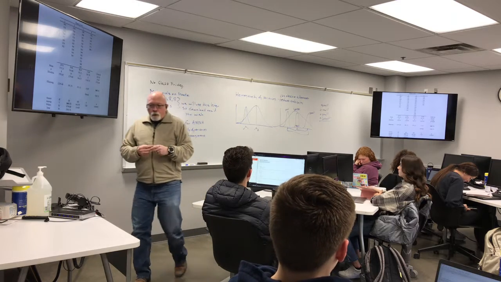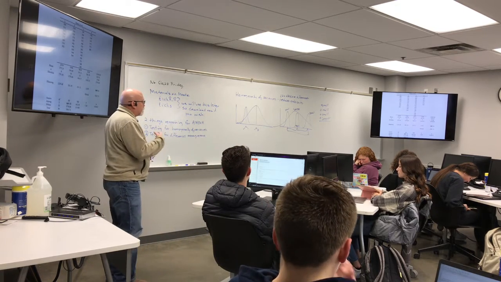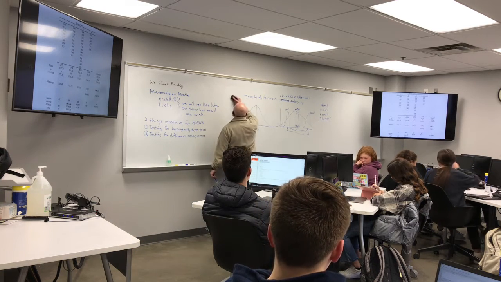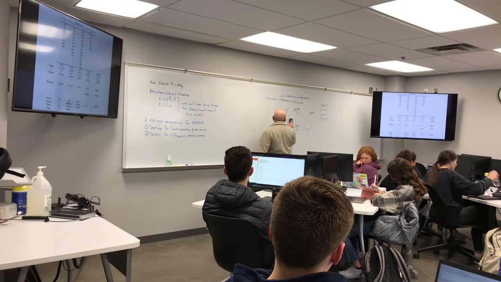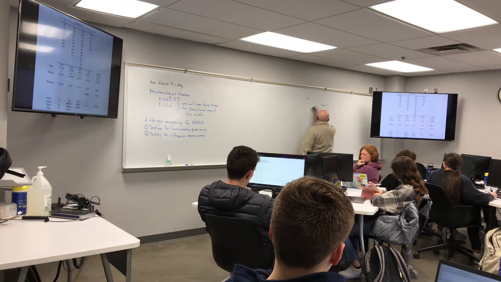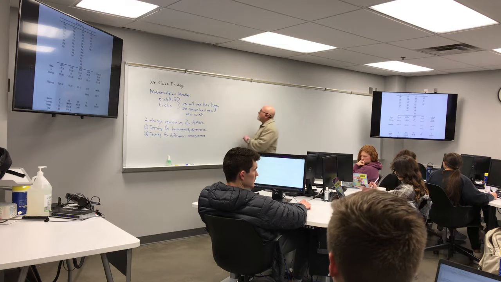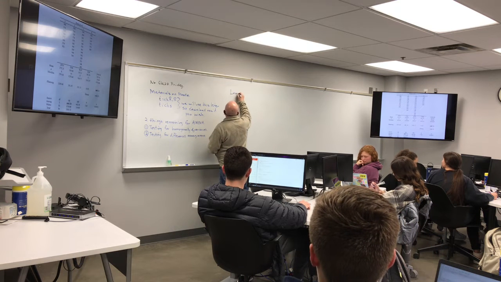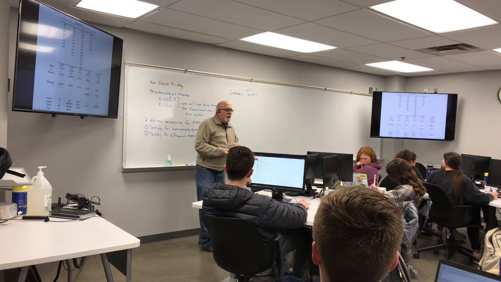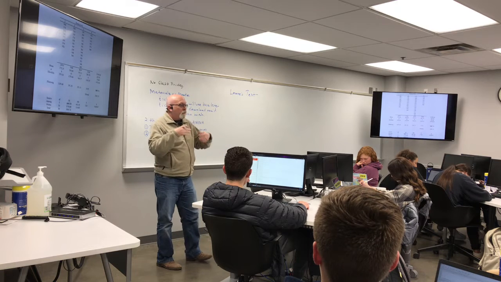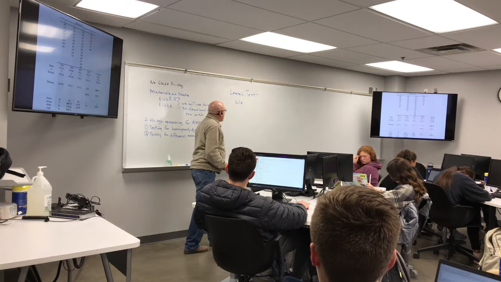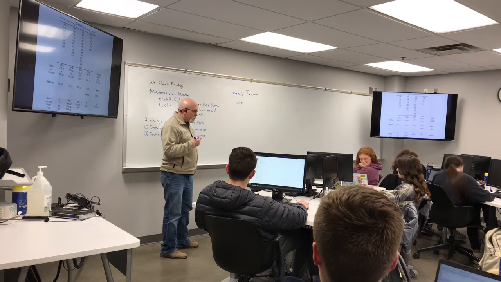Okay? So how do we go about testing for homogeneity of variances? We use a technique called Levene's test. Levene's test has a really complicated calculation for what is called Levene's W, and you can look this up in a statistical textbook.